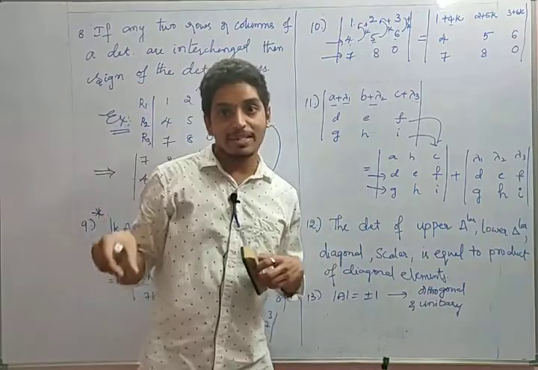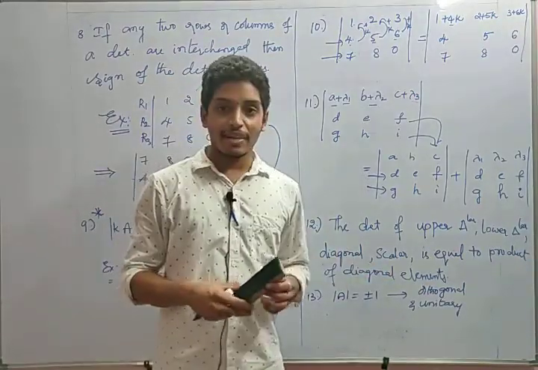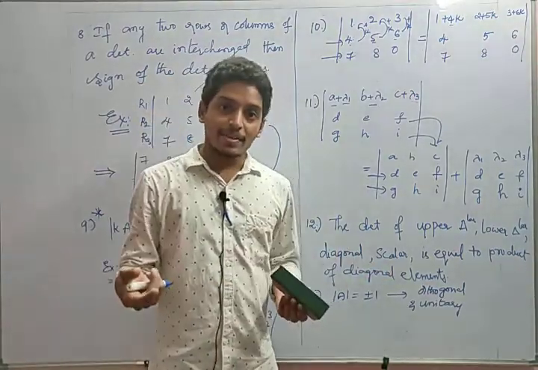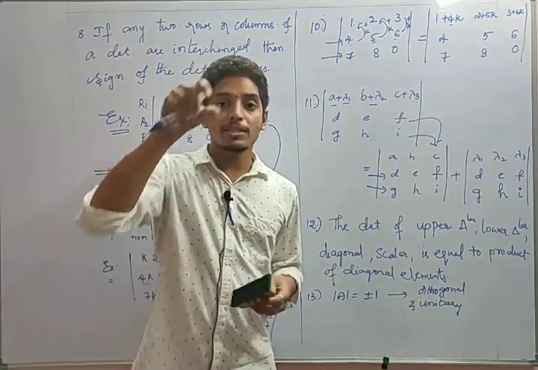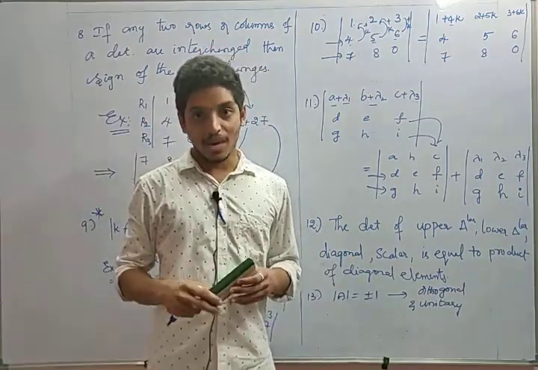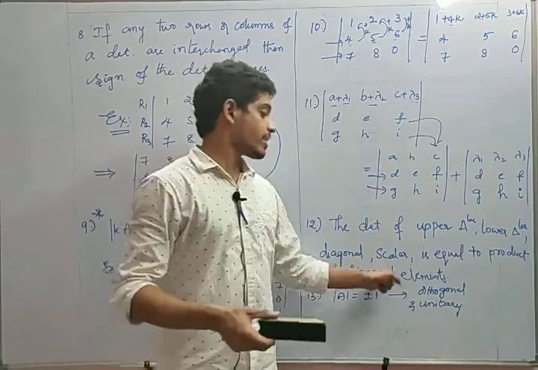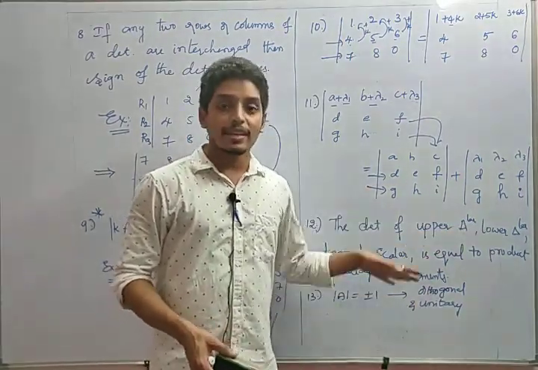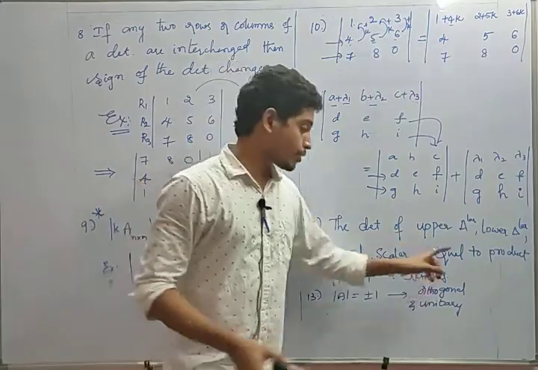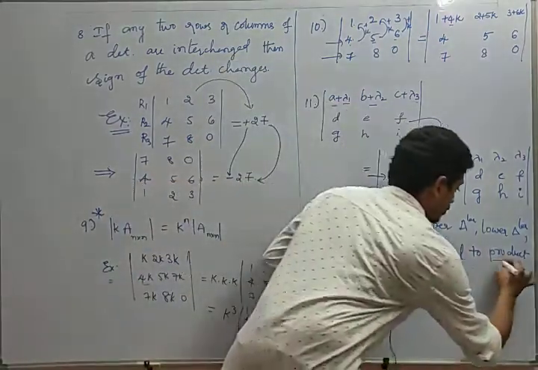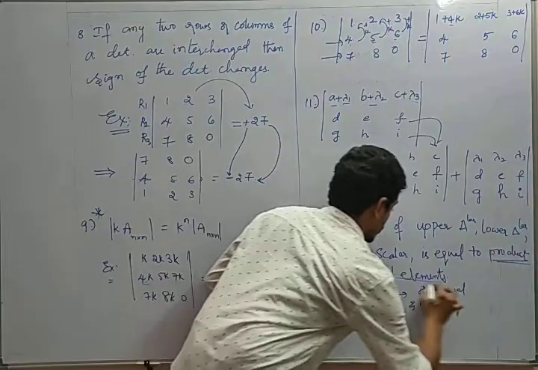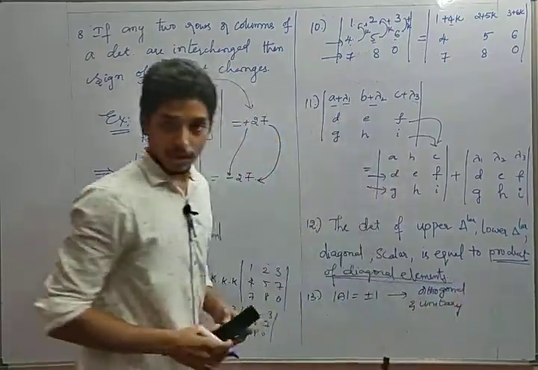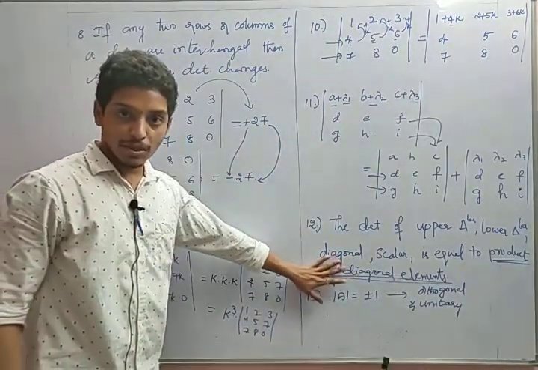And what is scalar matrix? It is also a diagonal matrix, and at the same time all the principal diagonal elements are same. Even identity matrix is also scalar matrix. So for these particular matrices, the determinant will become the product of the diagonal elements. This is very important. Let us do a few problems based on that property also.